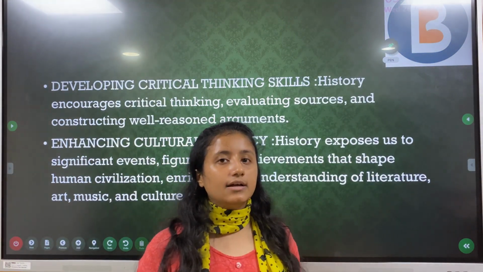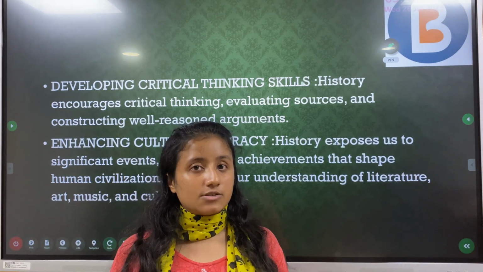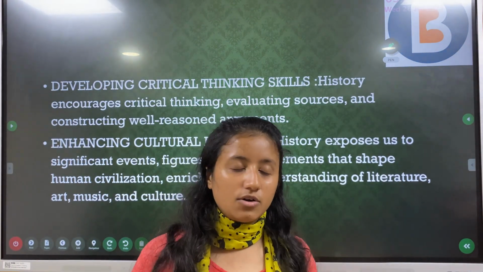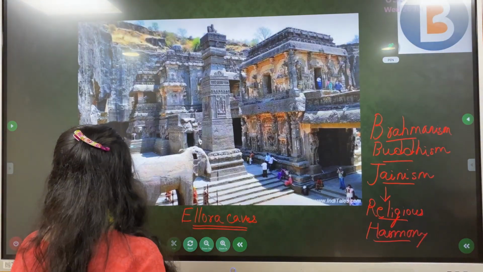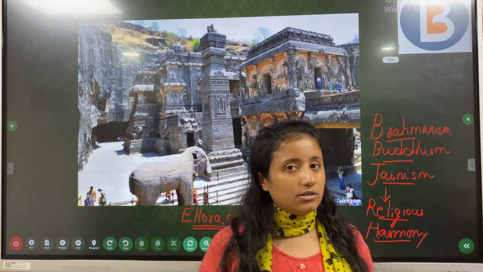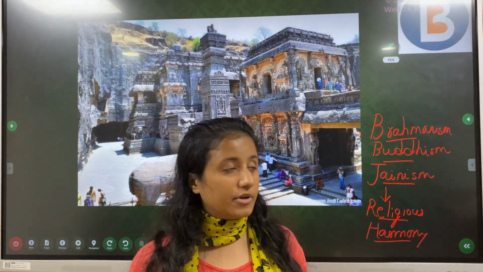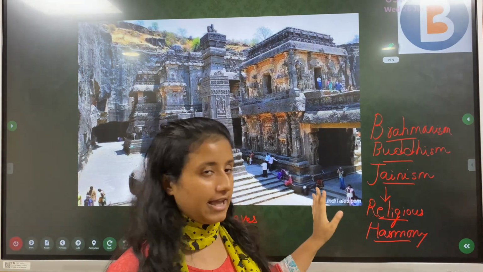History teaches us to develop critical thinking skills by evaluating various sources, various things that we come across, various people that we come across. For this, let us go back again to the same Ellora caves. We just learned that from the Ellora caves we get to know there was religious harmony because these three religions have sculptures in this cave.